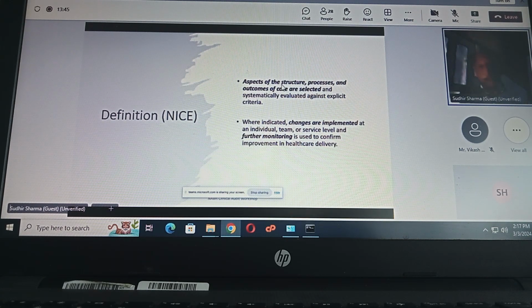Now the matter does not end there. After you've done a gap analysis, after collecting data on the current practice, and you realize that this is the gap, we are going to make these changes and close this gap, and you do implement those changes. Desired effect.